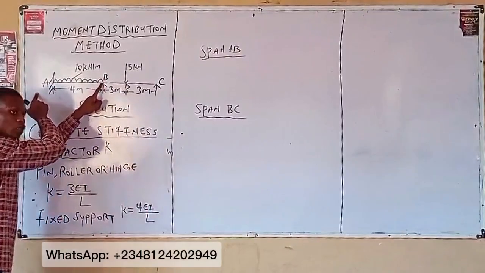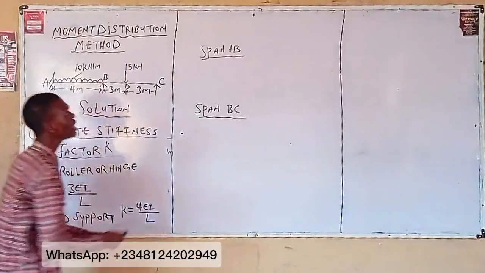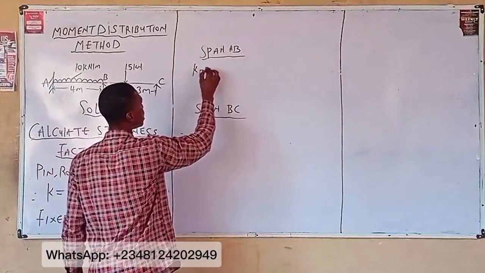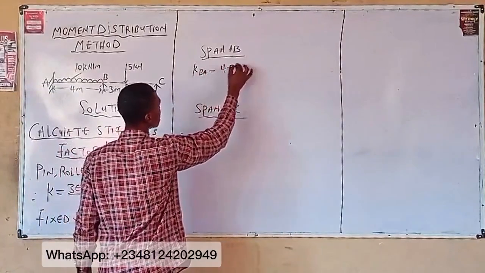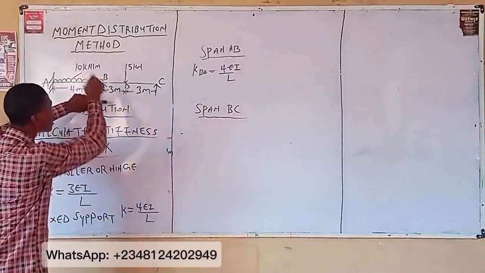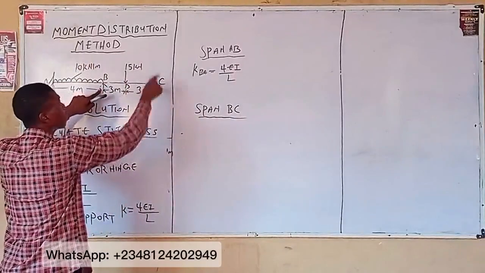If you have a fixed support, what's the formula for your stiffness factor? 4EI over L. Meaning that for span AB, the stiffness factor KBA becomes 4EI over L. Same idea. Say on this point B to C, on getting to C, what type of support do you have?